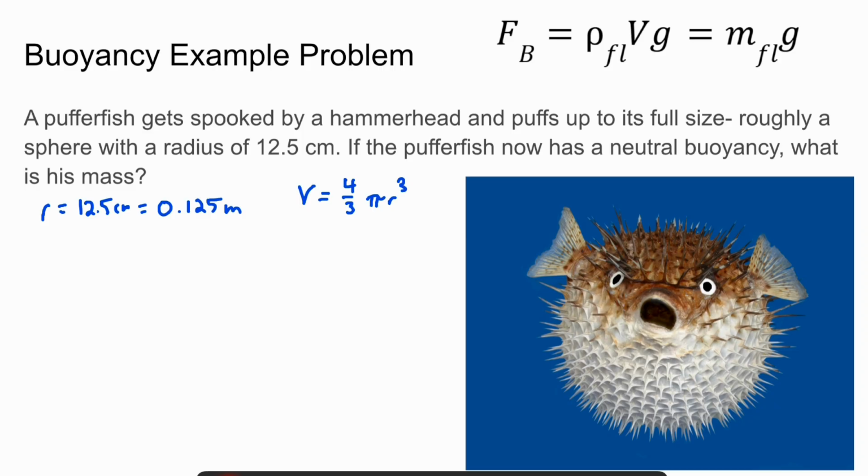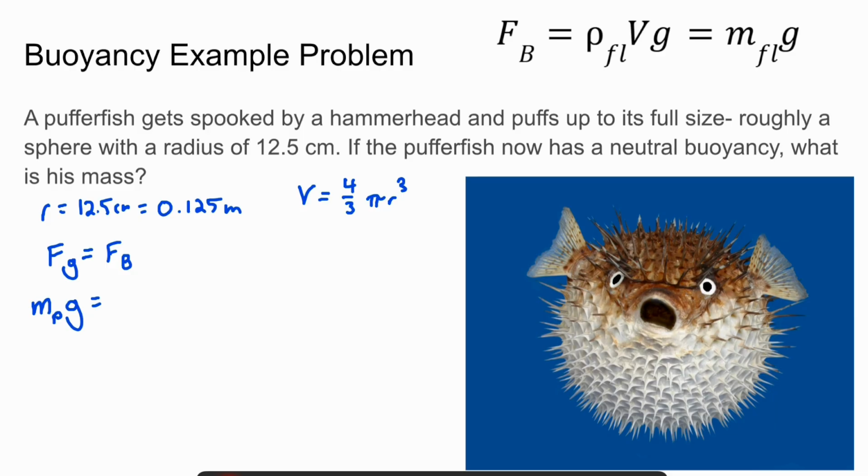And if the pufferfish now has neutral buoyancy, we have to figure out what the pufferfish's mass is, right? And we know that if he's got neutral buoyancy, that means he's floating and he's at equilibrium. So his force of gravity is equal to his force of buoyancy. Right? So his force of gravity is going to be the mass of the pufferfish, let's say that's M_P, times g.